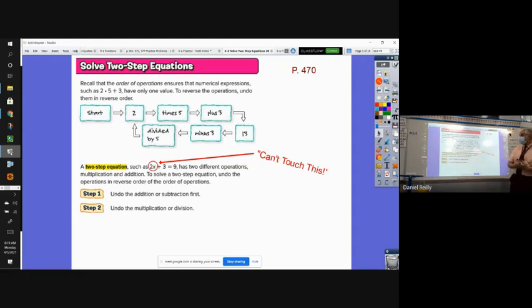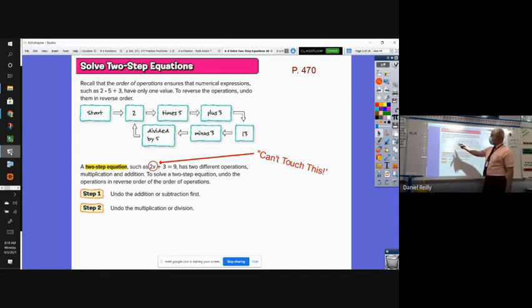That's what solving means. Okay, so if the order of operations in this expression, 2 times 5 plus 3, you multiply first and then you add. To undo or reverse these operations, do them in the reverse order.